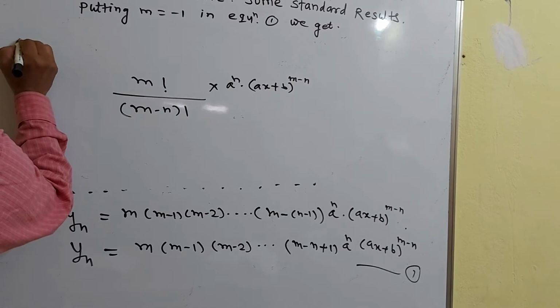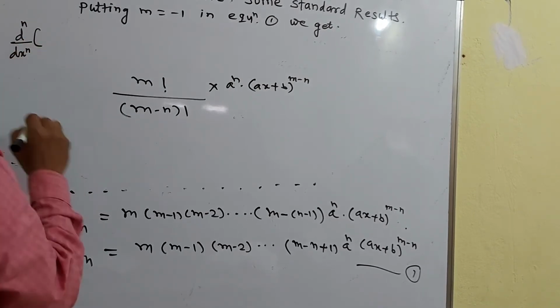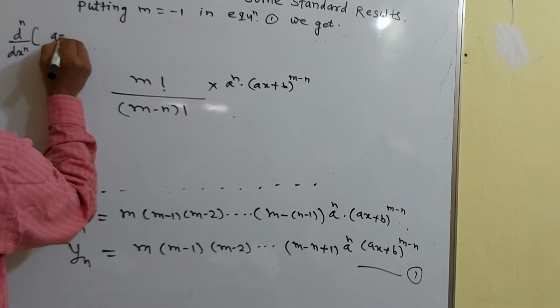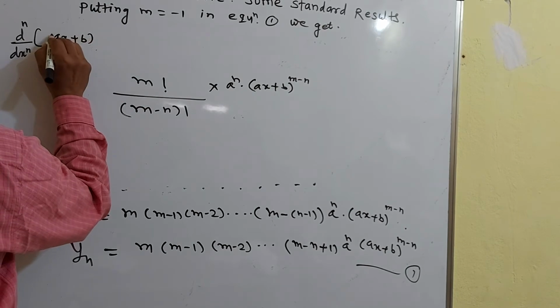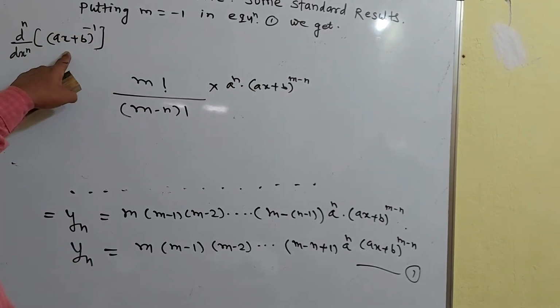Nth derivative of y is equal to (ax plus b) raised to m, with m equal to minus 1, means you get 1 upon ax plus b.